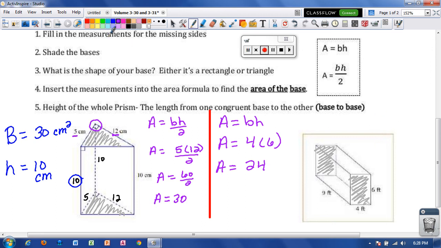So that means for this rectangular prism, the big B, the area of the base, equals 24 feet squared. But now we want to find the height. So all we have to do is figure out what is connecting this base to this base. Well, that would be this line right here, which measures 9 feet. So our height is simply 9 feet.